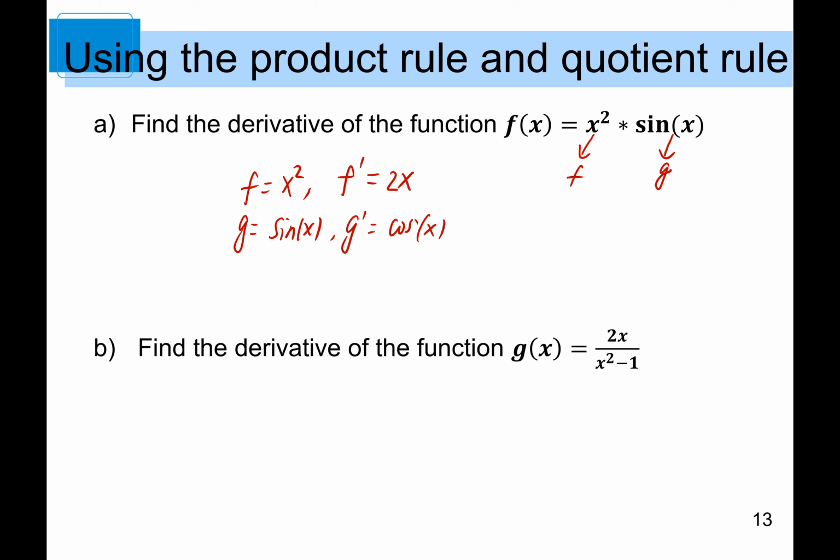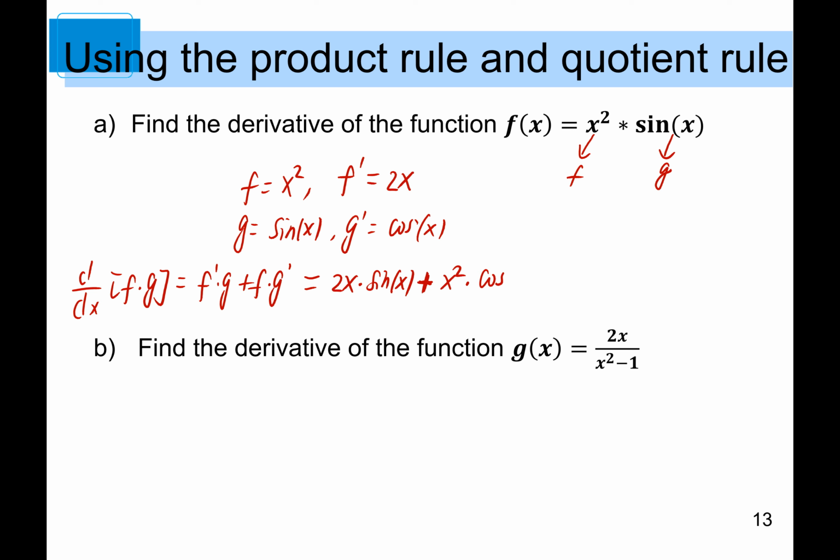Then we just apply the product rule: f prime times g plus f times g prime. After that, we replace f prime and g prime with the given expressions. f prime is 2x times g, sine x, plus, always plus for the product rule, f which is x squared times g prime which is cosine x.